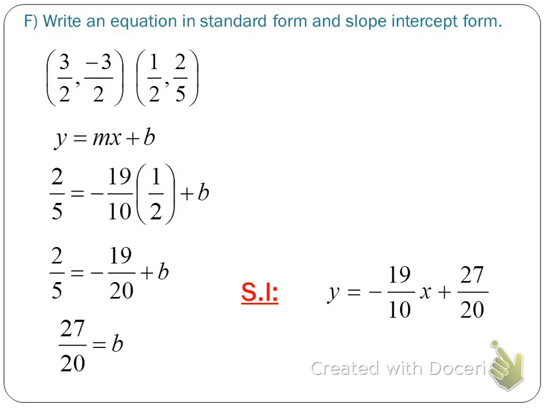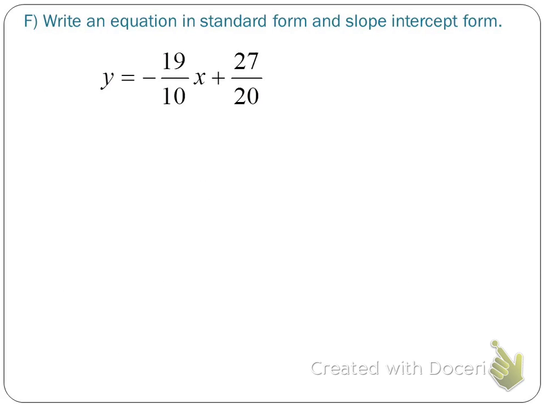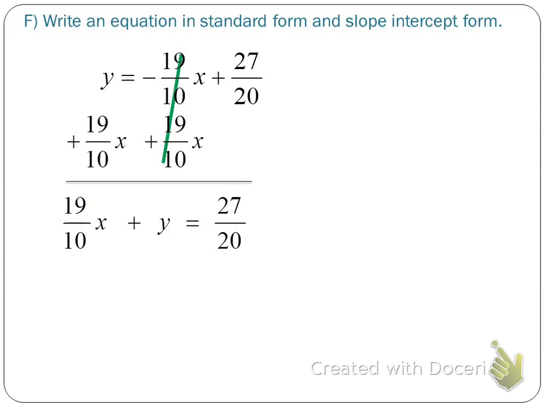All right, now we need to work on standard form. How would I start to get this in standard form? Yes, ma'am. Add 19 over 10 X to both sides. So at least I have the signs, right? So that's good. What is the big issue at the moment? The fraction.